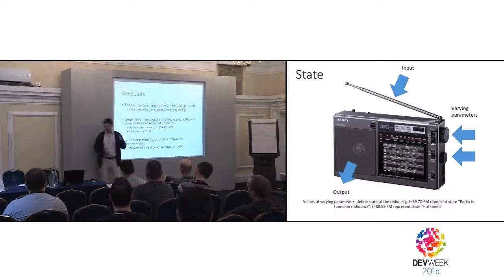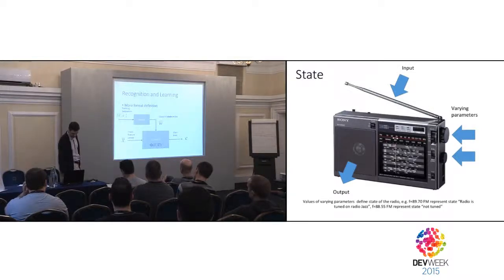As we move from north to south, we can give the system new examples and continuously tune these parameters of how it works. So continuous training is also possible in a dynamic environment.